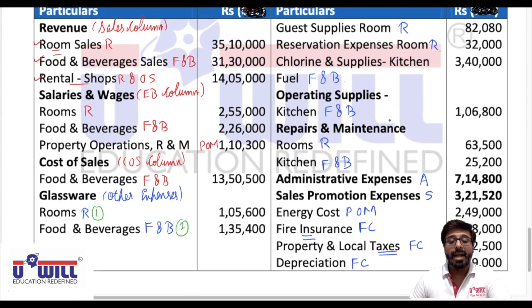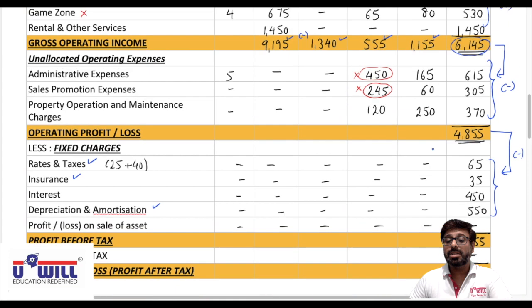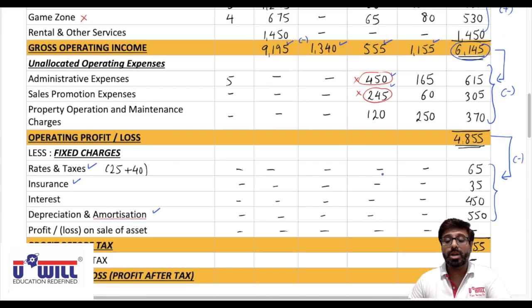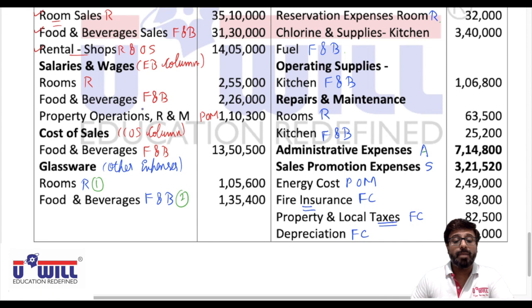Okay. And regarding this administrative and sales expenses, you can directly write the amount in total column also, or you can first write in other expenses column and same amount will come in total column, as employees benefits are not there. Okay. Property operation and maintenance, you will have the columns. Property operation and maintenance, employees benefit column you will write 1,10,300.